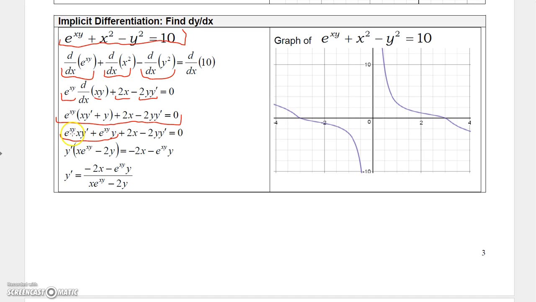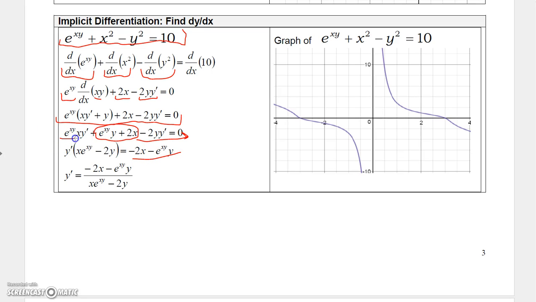Now notice that I have a y prime in this first term and a y prime in this last term. So I want to keep those two terms together. Okay, and then I skipped a step here, but I'm going to move these two terms to the other side. And they're going to change signs. So that's where these two terms came from.